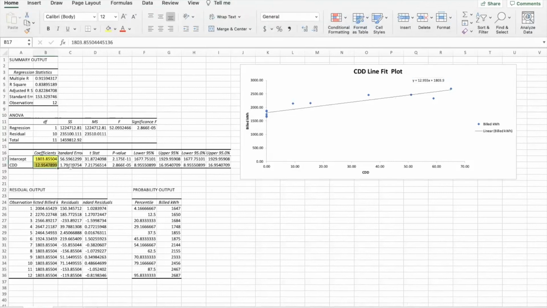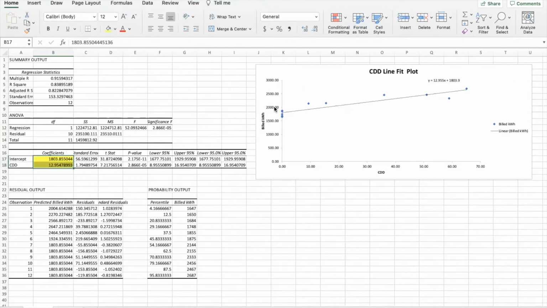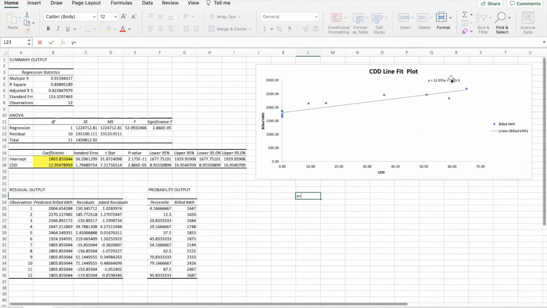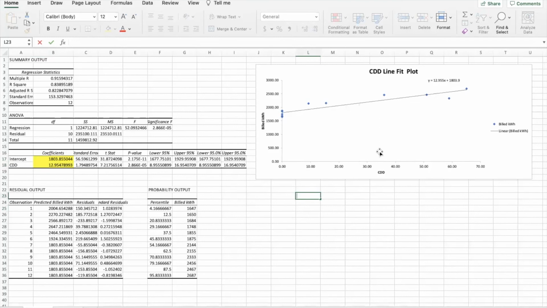Another quite important concept is the coefficient. You may see that these represent the line. For a straight line, we can simply say y equals mx plus c. M is the slope and c is the y-intercept. Here we have the equation.